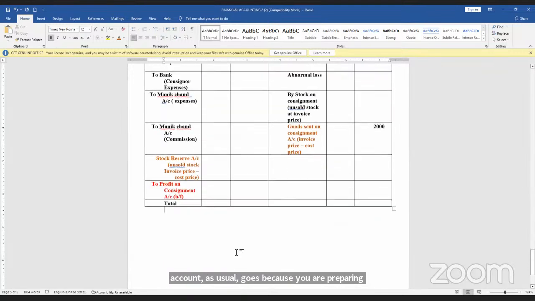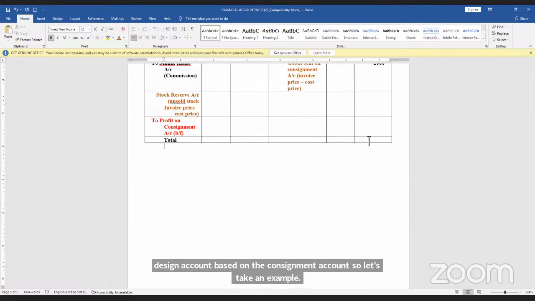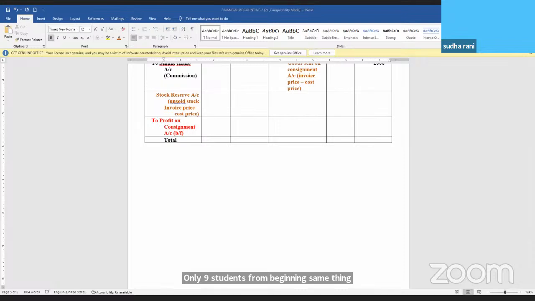So let's take an example. Are you people ready? I forgot to take attendance. Today only 9 students. From the beginning, same strength of what?